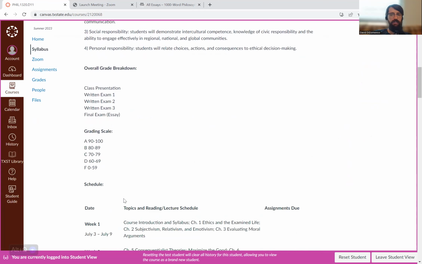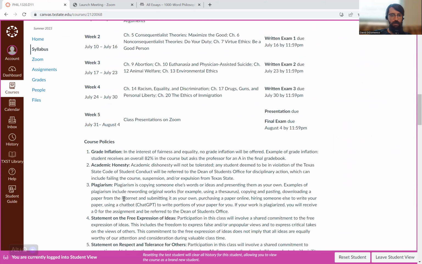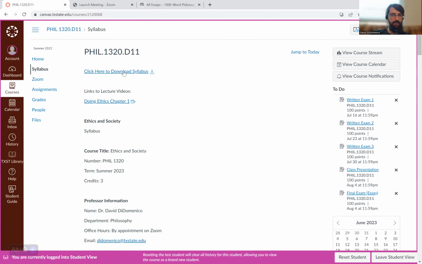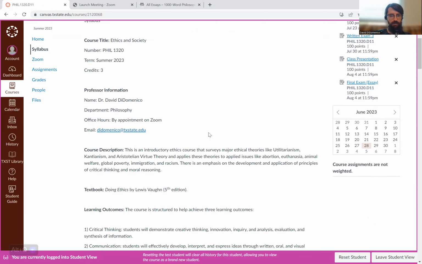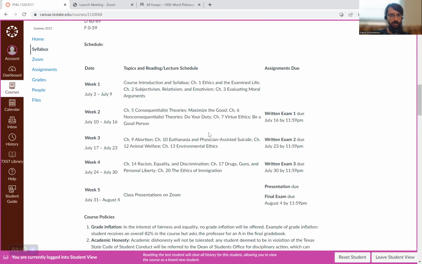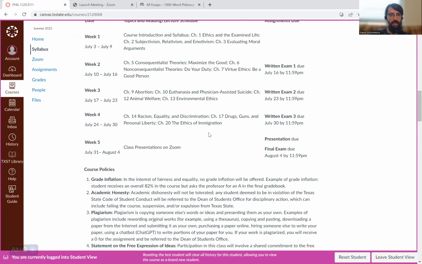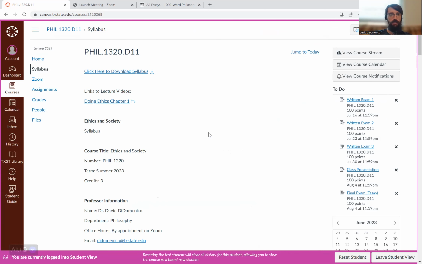I just copy and pasted it. Maybe some of you are on devices where it's hard to click this and download the syllabus, because I think it'll open as a Microsoft Word document. Maybe you don't have Word on your phone or anything like that. So you could just scroll through this and read the syllabus if you want to. But it's the exact same thing that you would get if you click to download the syllabus.